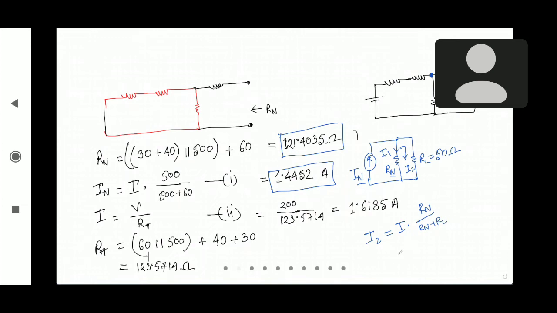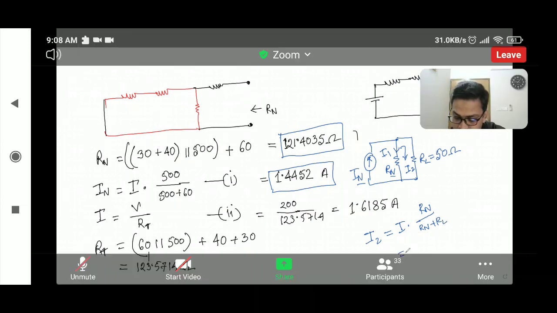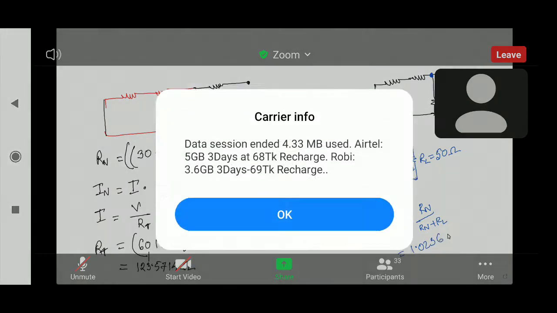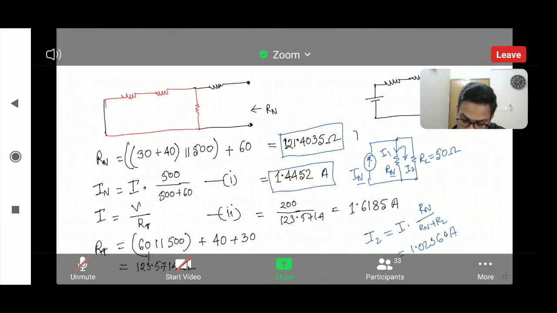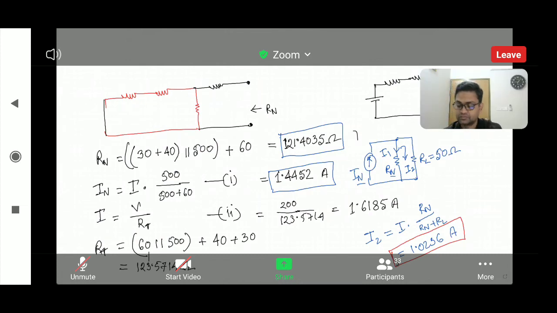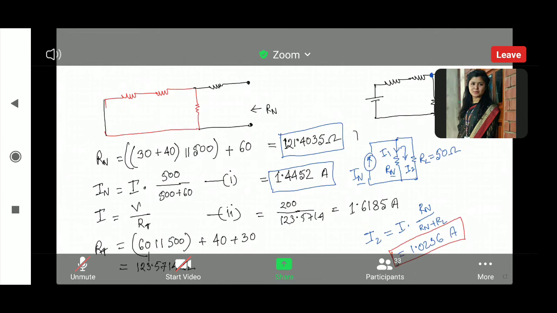Okay, so what is the result? 1.00236? 0.26. So that is actually our answer, right? That is our answer. Is it the same for all of you? Yes, sir.